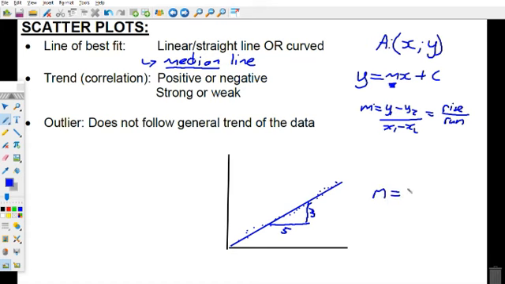My gradient is going to be 3 over 5. Is it a positive or negative gradient? Positive. We know positive goes in that direction. Is that a steep or a shallowish fraction? Okay, so do you think it's a steep one? How many units are we going up by 3 for every 5 along? It's less than a 1-to-1.